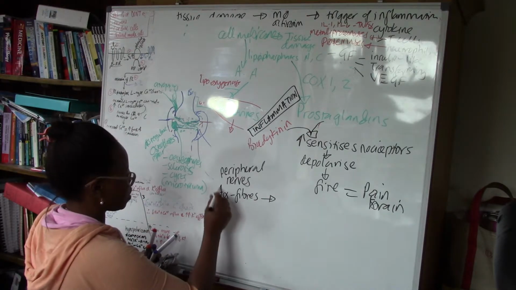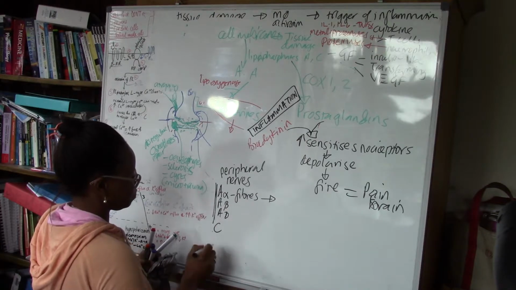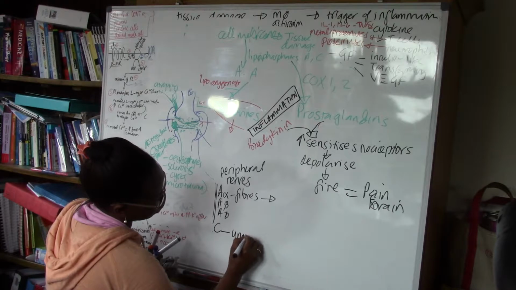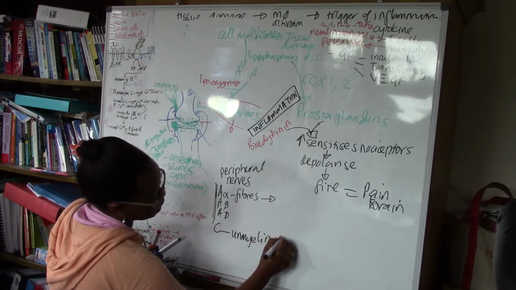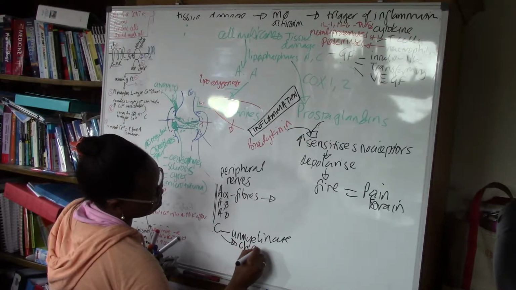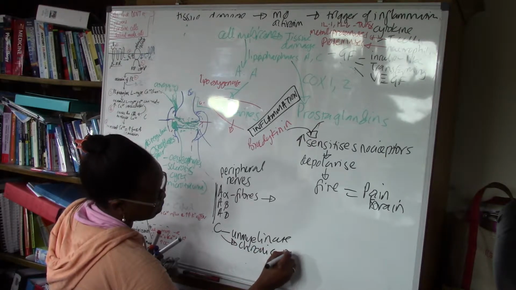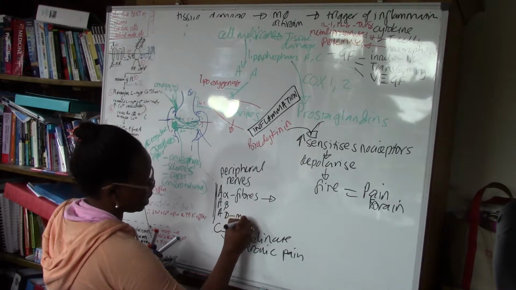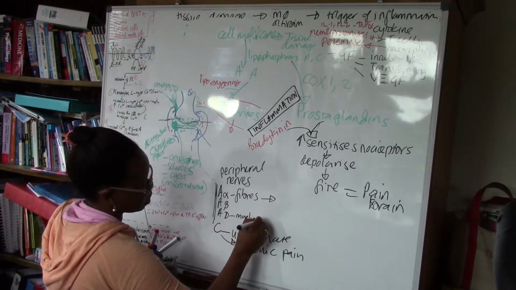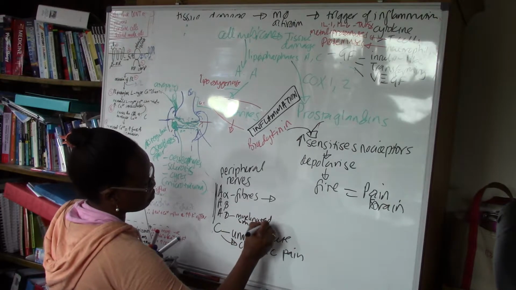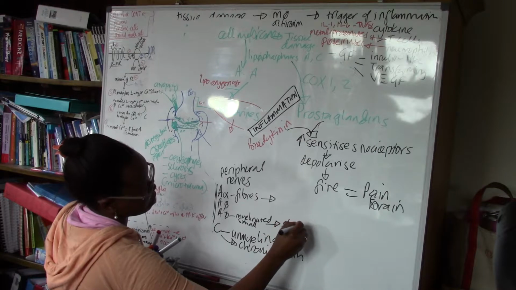Obviously these ones are myelinated, and C is unmyelinated, and therefore C will usually transmit chronic pain together with delta. Although delta is myelinated, it's small and it's involved in slower transmission of pain.